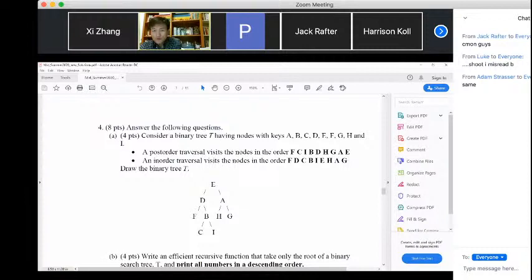The pre-order was F, C, I, B, D, H, G, A, E, and the in-order, I'm writing down the problem on paper for my document discussion: F, D, C, B, I, E, H, A, G. Okay, let me switch to the document.